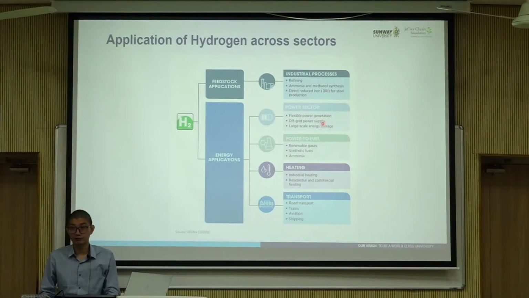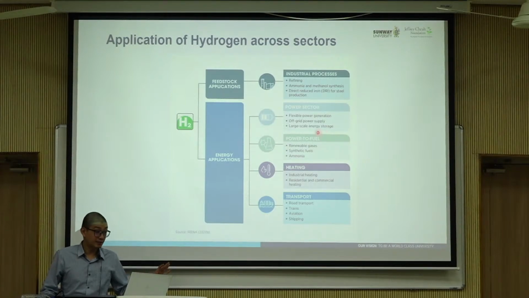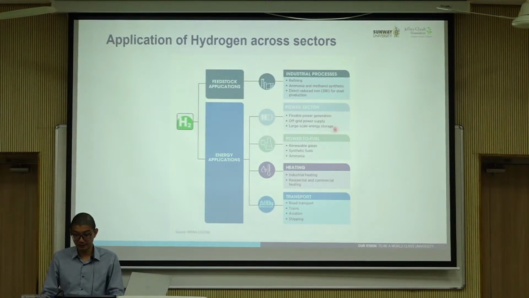I don't know the situation in India, but in Malaysia, if a rural area is more than 25 kilometers away, it's not worth connecting to the grid, because the cost is much higher. So it's better to produce an off-grid stand-alone power supply. Hydrogen energy can do that, supplying off-grid energy to rural areas that are not grid connected. At the same time, it can also be used for large-scale energy production and storage.